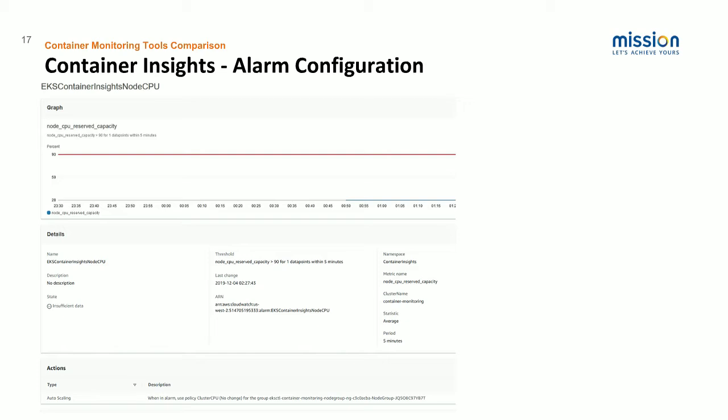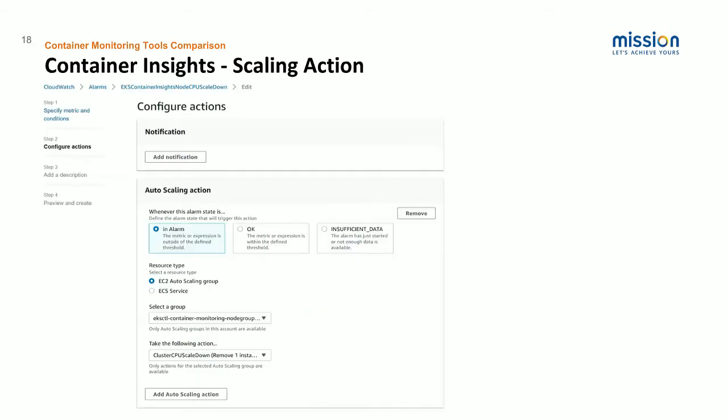With the provided node CPU reserved capacity, we're saying that when we hit a threshold where we no longer have enough reserved capacity, and I typically define that relatively high to not unnecessarily scale the cluster, we can use the standard CloudWatch scaling action and choose the worker group ASG and a predefined scale up or scale down threshold to efficiently and easily scale the cluster.